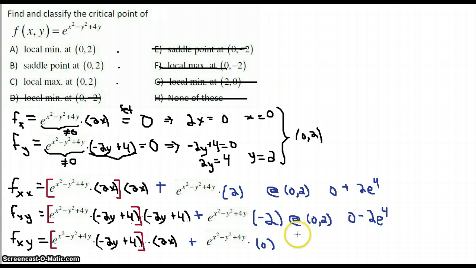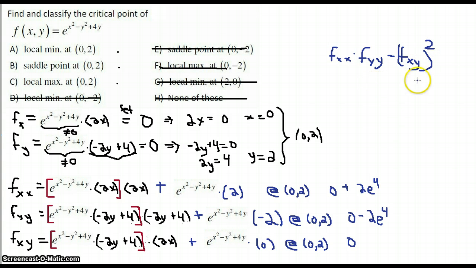And then finally, the last one is going to be 0. And so fxx times fyy minus fxy quantity squared is negative. So it's a saddle point.